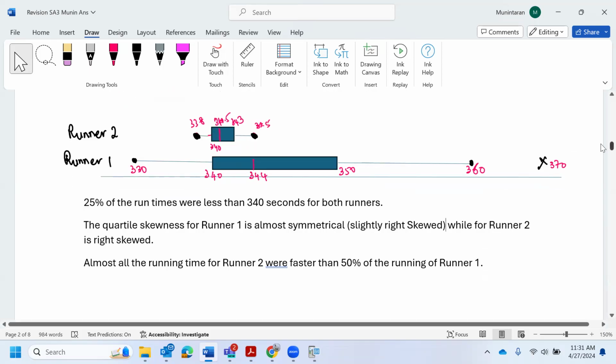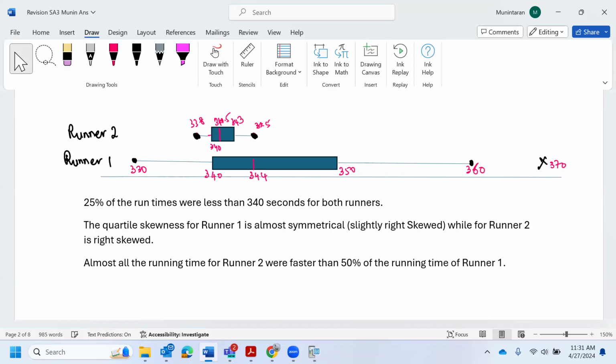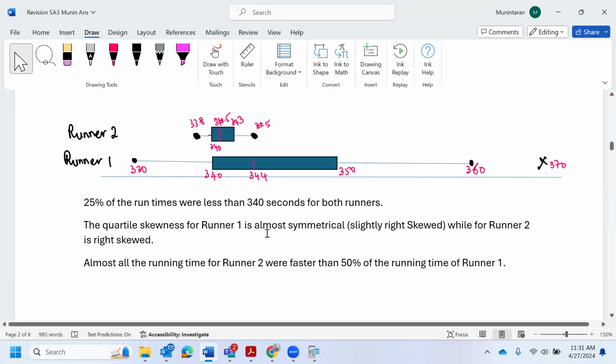Almost all the time, the runner 2 were faster than the 50% of the running time of runner 1. What does it mean? It means that almost all the running time were lesser than 344. I use the word almost because 1 is 345, 1 second more.